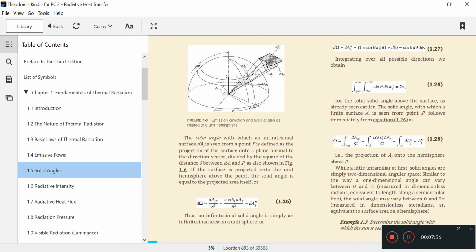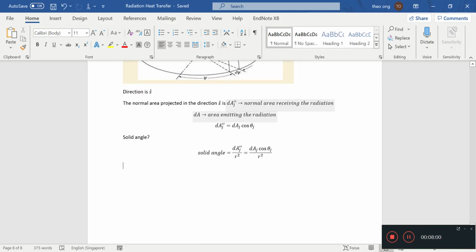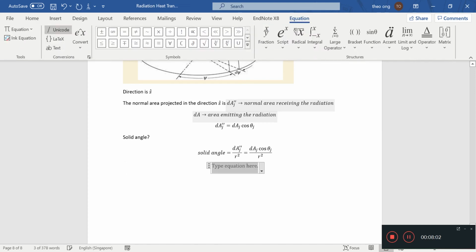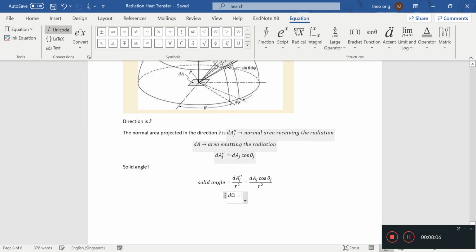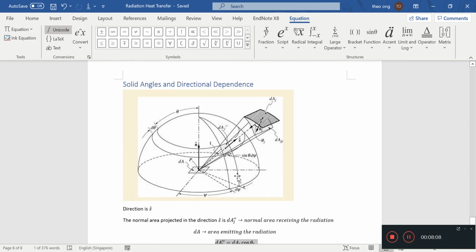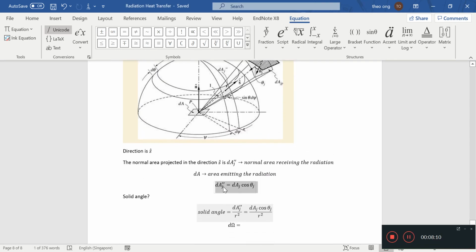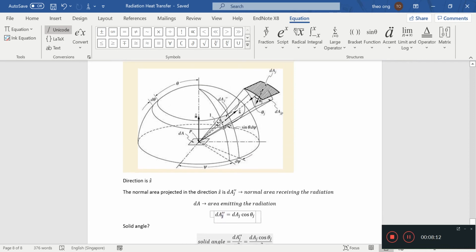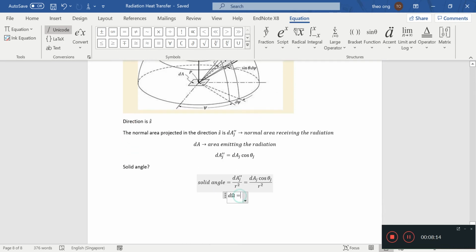But I prefer to use d omega to represent that solid angle. So this is how I will define it. If the dAj double prime is this area projected, I just use a different nomenclature.